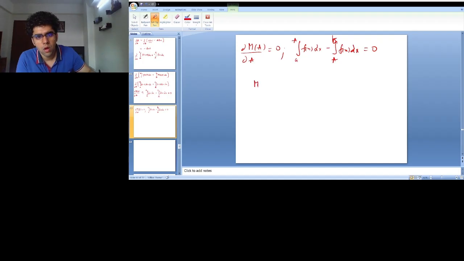Now earlier I defined M(a) as the integral from small a to capital A of f(x) dx plus, so this is equal to 0, right? This whole is equal to 0.